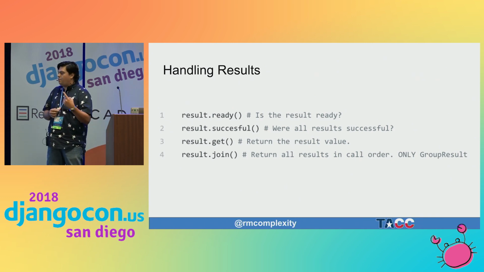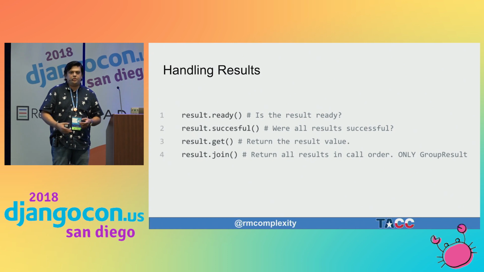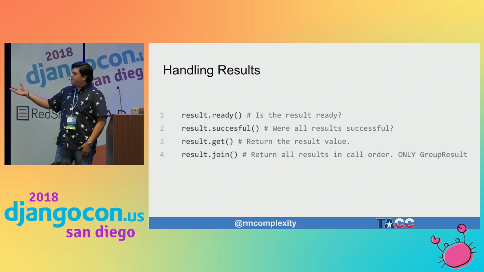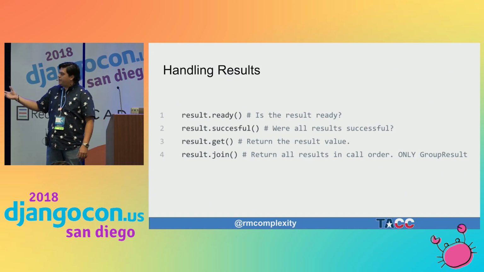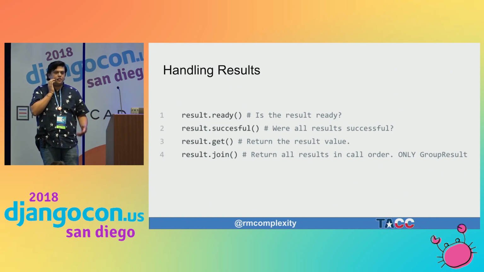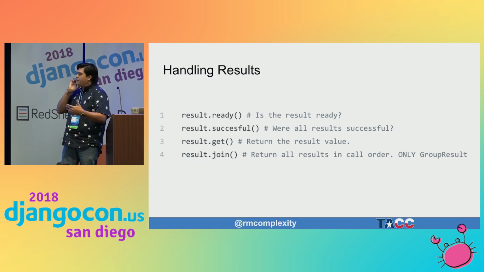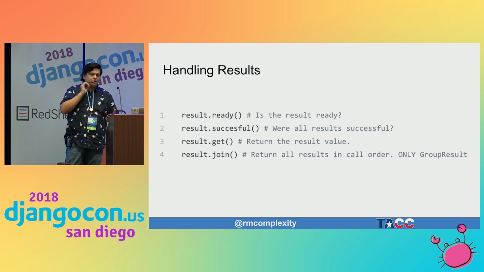It's either going to be one task, or if it's a group result, then it's going to check if every one of the results within that group were successful. Then whenever we have an async result, we can get the result, which is the method that we can use to get the same thing as we were doing when we were accessing result.result.